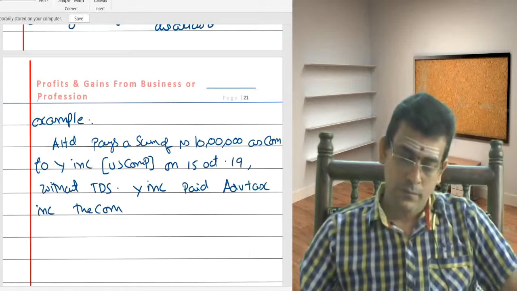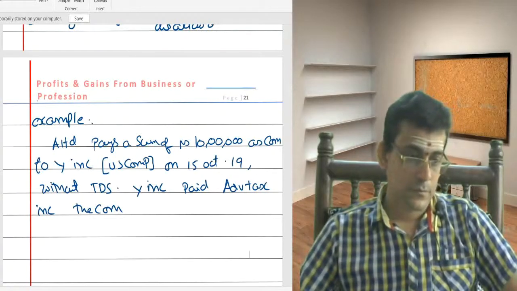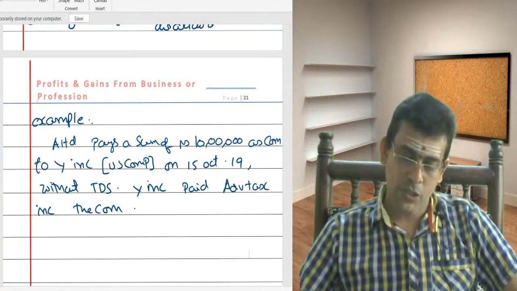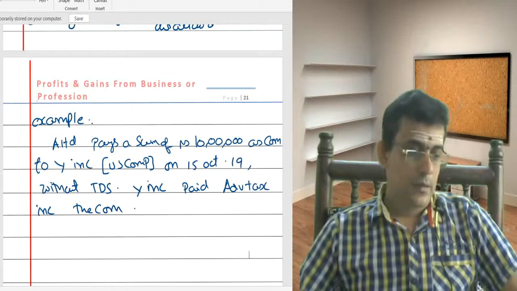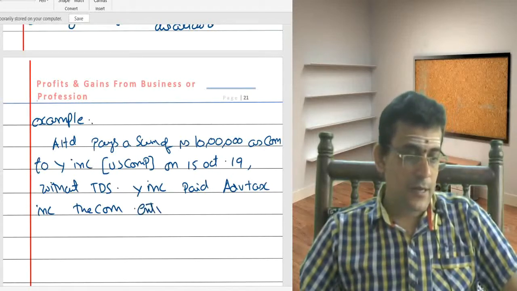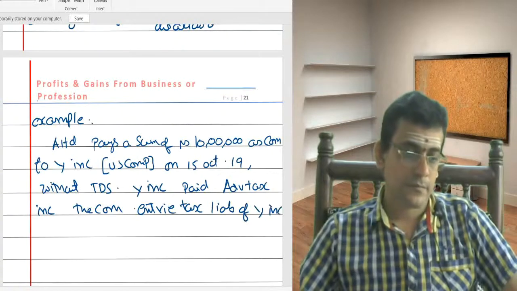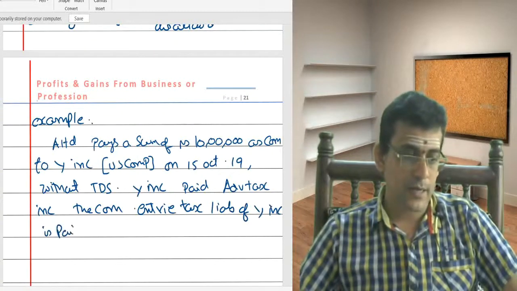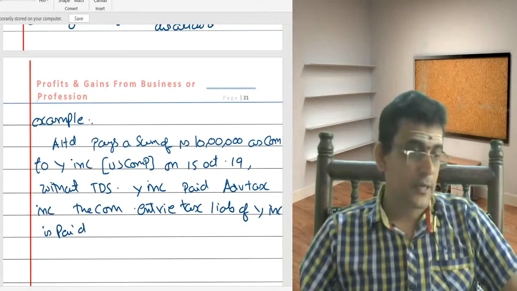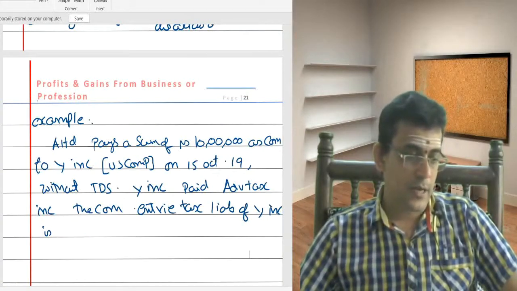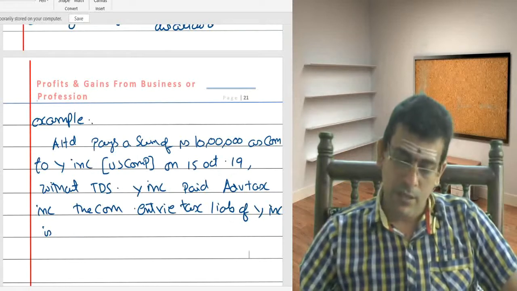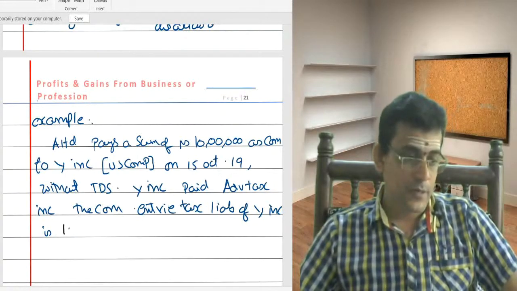So now, Y Incorporation Limited paid the advance tax including the amount of commission. So here, the entire tax liability of Y Inc. for the financial year 2019-20 was paid.